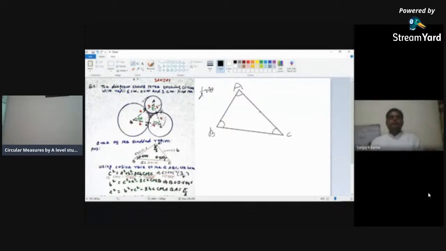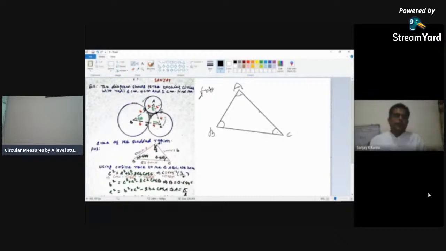And once we have the area of sectors from each circle, we deduct the total area of sectors from the entire area of this triangle, and we will have the area of this shaded region. So let's see that here it is done for you. If you start with c squared, then c squared equals a squared plus b squared minus 2ab cosine of the angle between a and b, which is C, right?